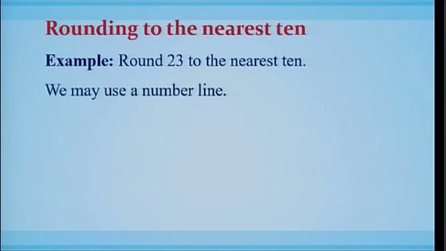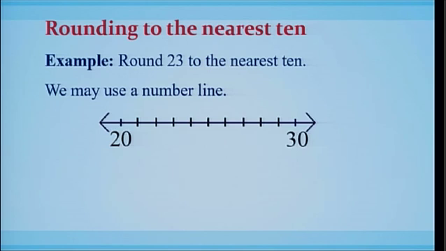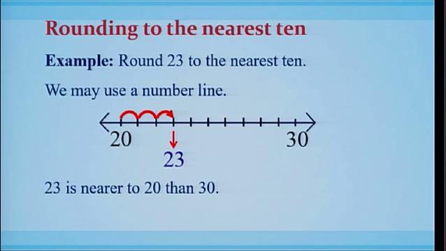We may use a number line. Here they are, 20 and 30. 23 is to the right of 20, of course, but it is nearer to 20 than 30. So 23 to the nearest 10 is 20.